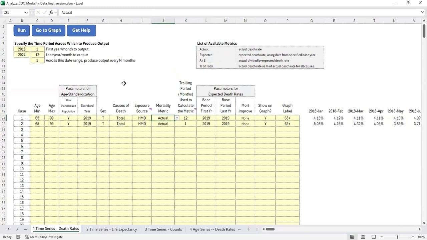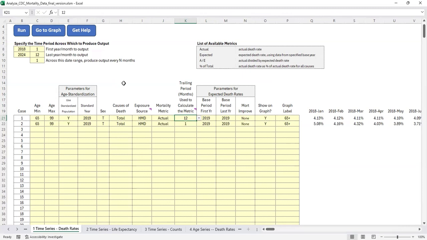For these examples, let's look at the actual mortality rate. We're going to look at two different actual mortality rate metrics. This first metric in case 1, every output that we generate, every output point, will be a 12-month trailing average.